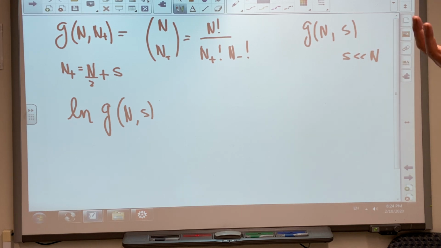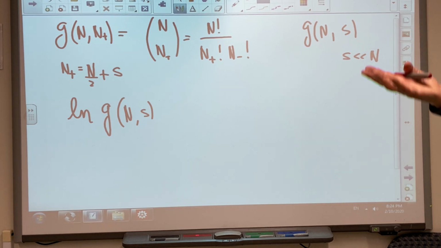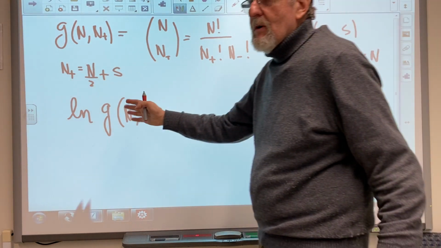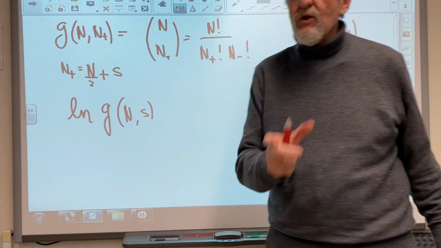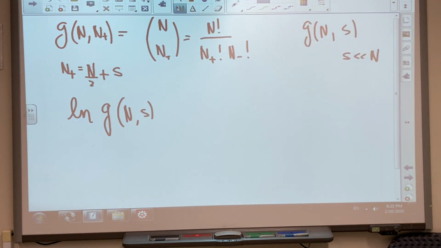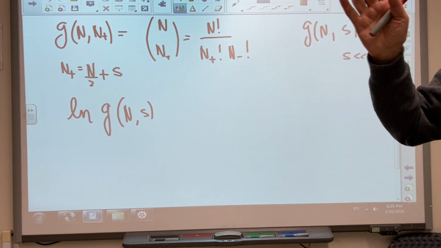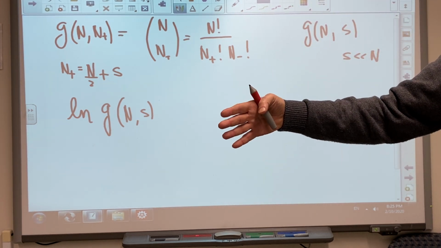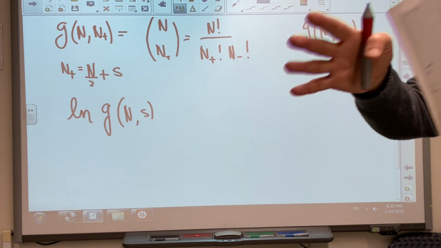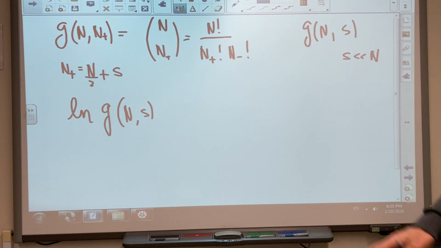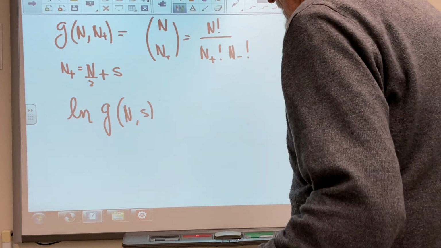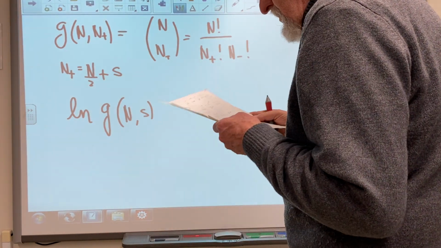Obviously, if this can be in 20 states and this can be in 30, the total system, if they are not interacting, can be in 20 times 30. So the total g will be multiplicative. That means that the logarithm of g will be additive. So if you calculate log of g for one system and log of g for another, they are additive functions. The log of g of a complex system is the sum of the ln of g of the different parts. So there are advantages to using logarithms, but eventually we'll go back to g.